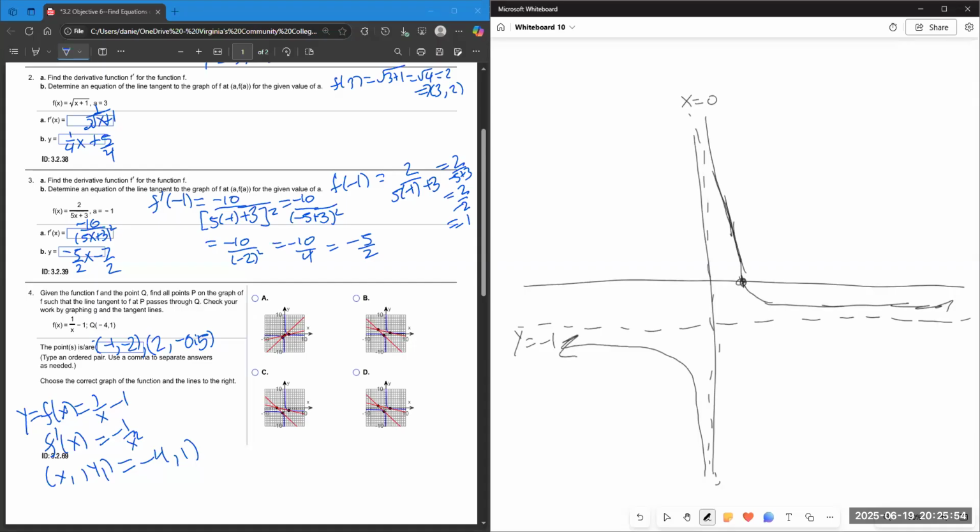And then I have the point that's given to me over here of -4, 1. It's out here somewhere. That's point Q. And then point P1 is -1, -2. So here's P1. And they're saying that I can draw a line through Q and P1 that will be tangent to the curve right here. And then I have another point over here, 2, -1/2.